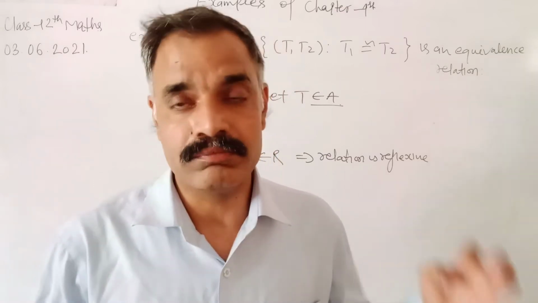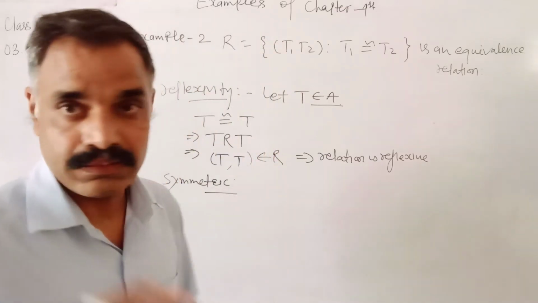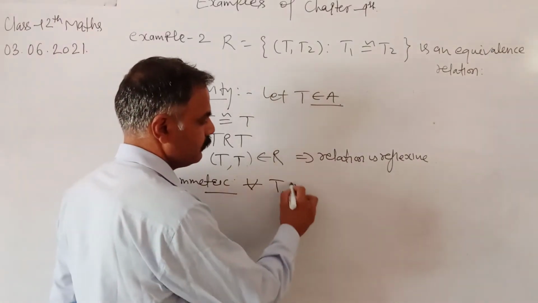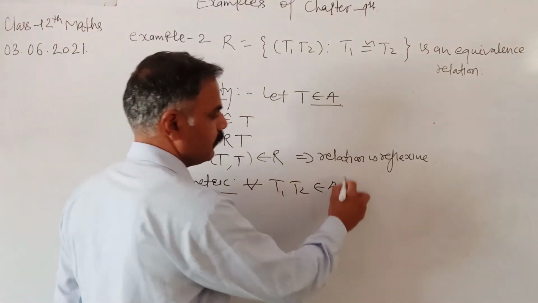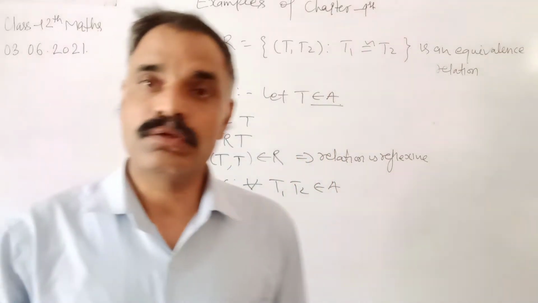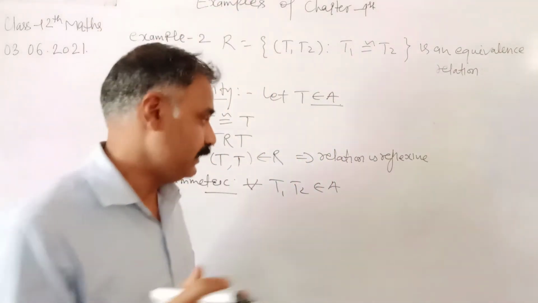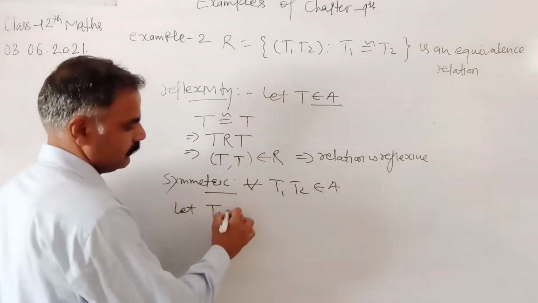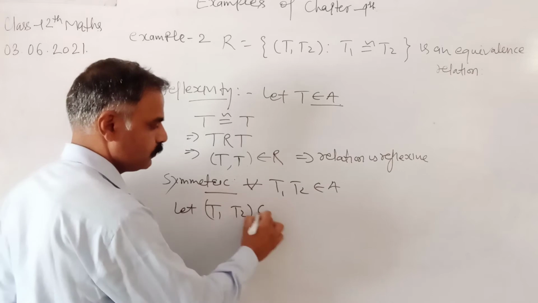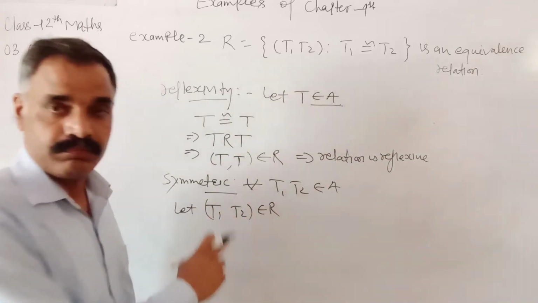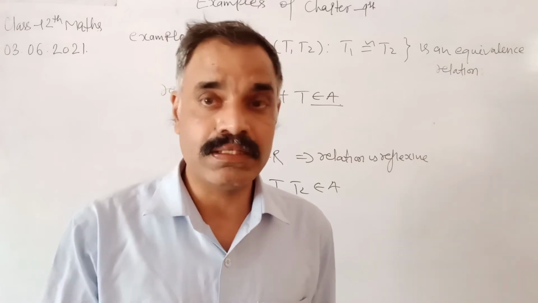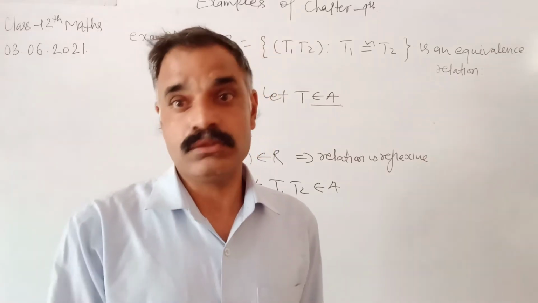So let us take T1, T2 belonging to the given set of all triangles in the plane. Now let (T1, T2) belong to R. We will start from here and show that (T2, T1) also belongs to R.